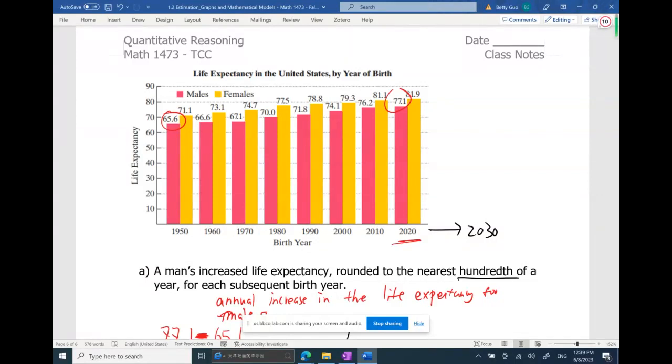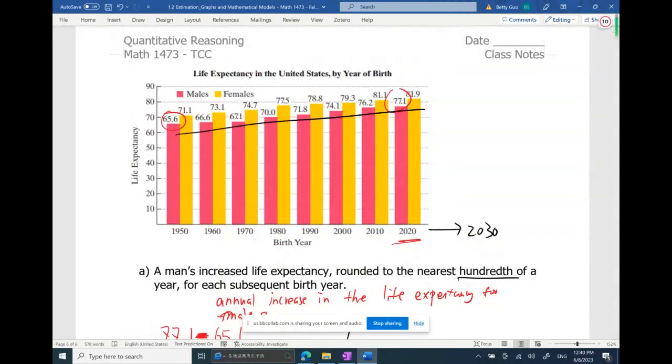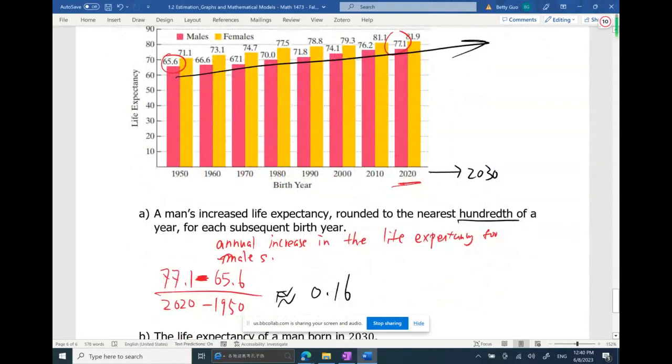So part B, we need to predict. We need to use the trend, the pattern we have just found, to predict the life expectancy for our man if he is born in 2030, right? So suppose the trend continues.